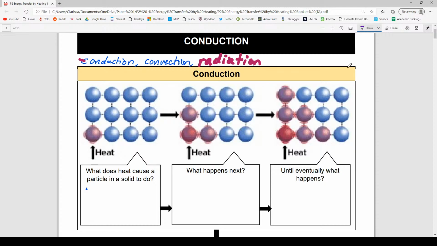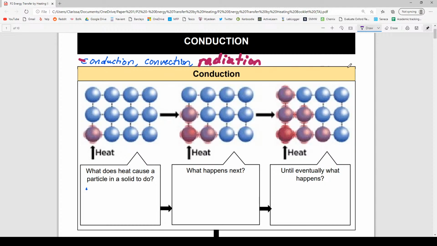Some things are better, though, at conducting heat than others, which is why some things are used to transfer heat a lot better. For example, metals are really good at conducting heat. So we use metals for things like cooking, frying pans and things like that, because it's really, really good at conducting heat. And when I say the phrase conducting heat, what I mean is that it's really, really good at transferring heat through this method.